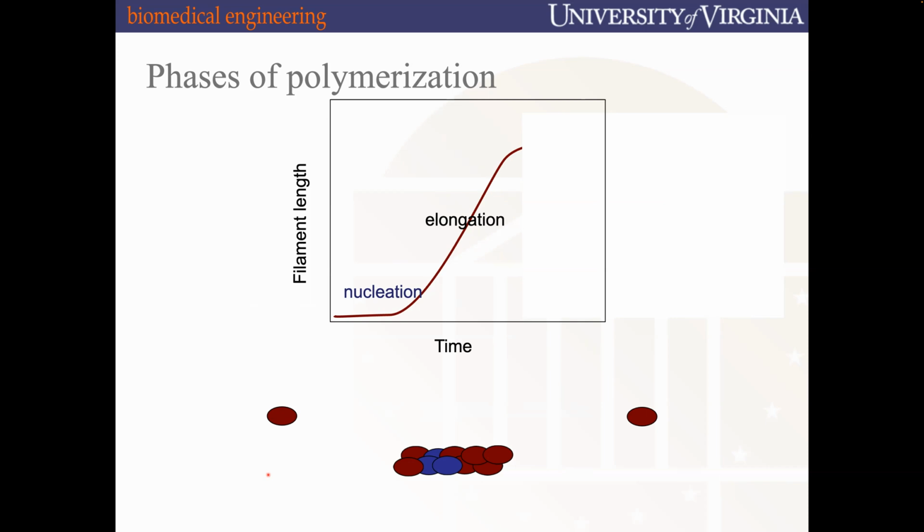But once that occurs, elongation occurs very rapidly. And then this monomer pool is fairly depleted, and so these polymer chains reach a steady state where there's some monomers being added, some being subtracted, and that leads to kind of the same concentration of monomers in the surrounding, as well as a general stable length of the polymer chain.